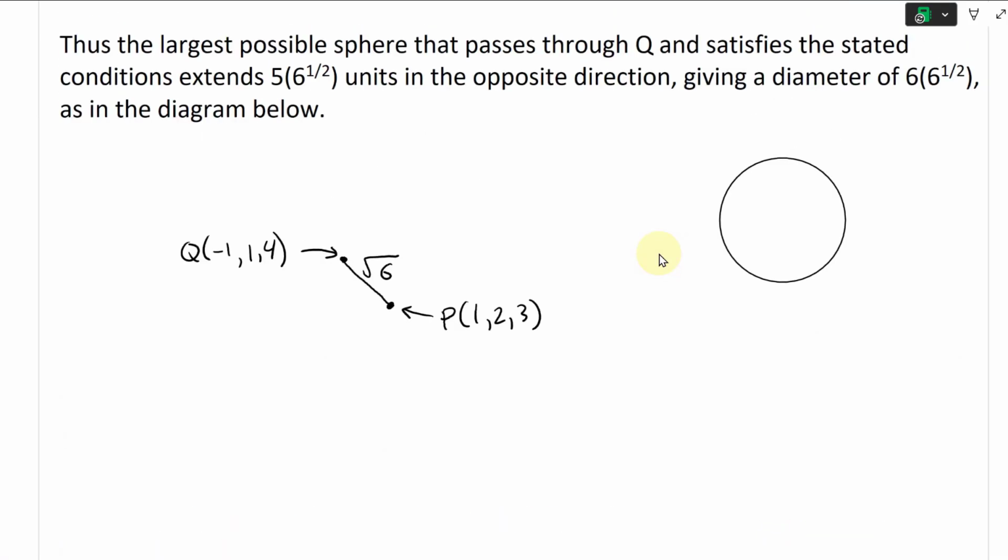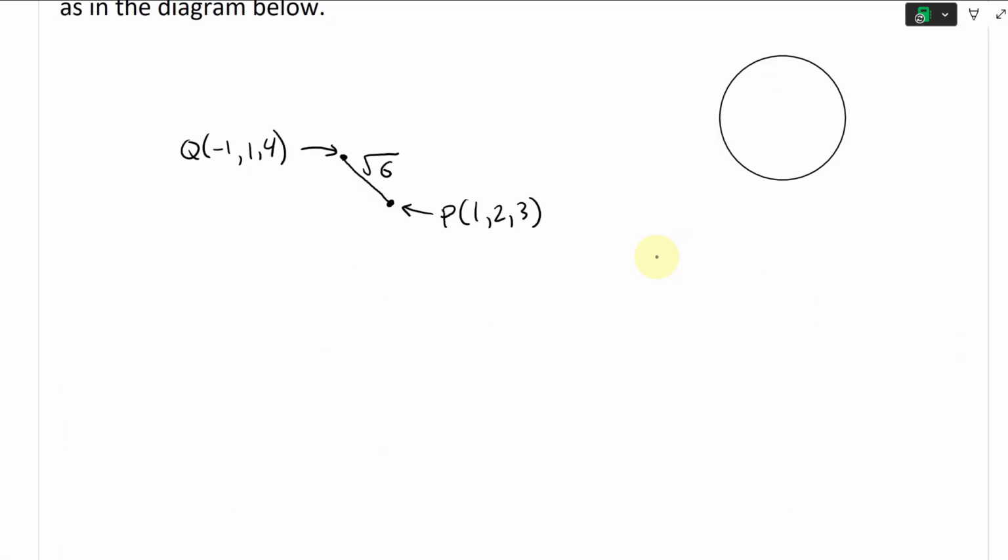So every one of these points has to be less than a distance, and we'll draw this all the way across here, less than all the way up to here, and this is going to be 5 times square root 6, not 5 over 6. Let's move that dot away. 5 times square root 6, like that.